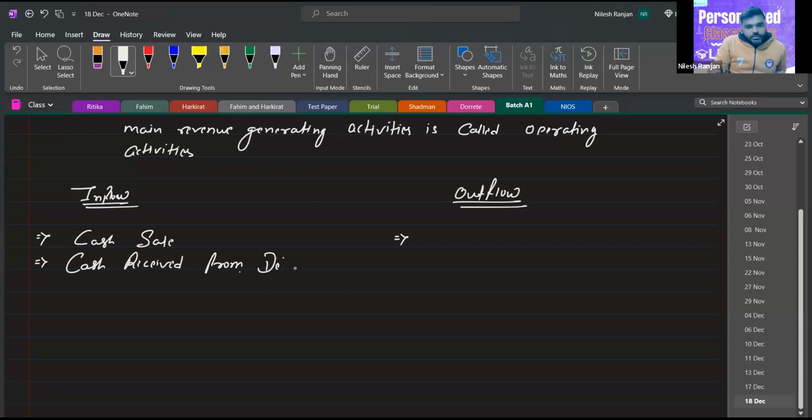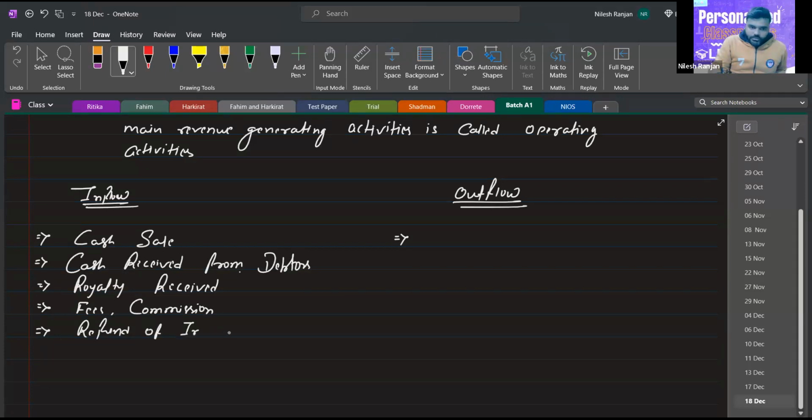There are other incomes which are treated as operating activities, like royalty, and then fees, commission, like these things, and refund of income tax. And these are income.